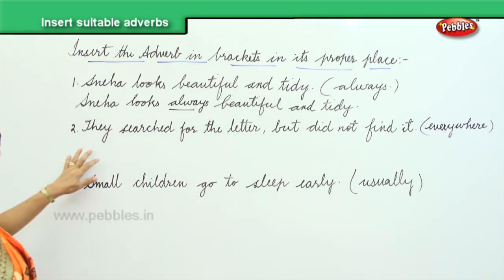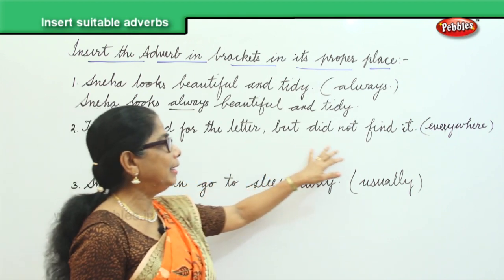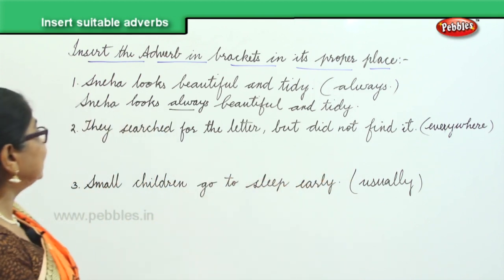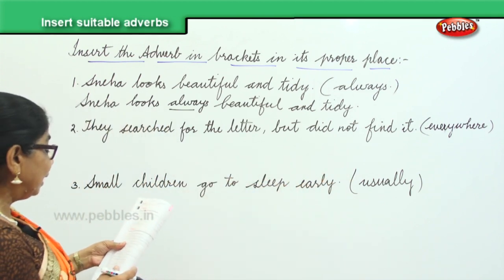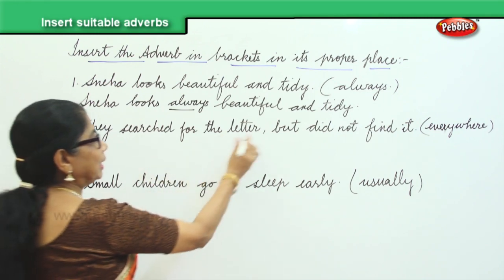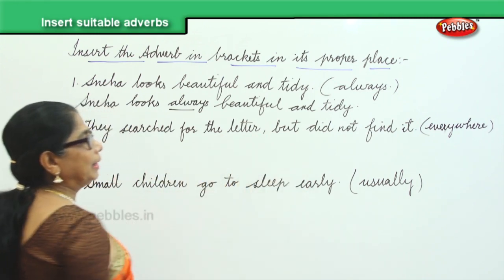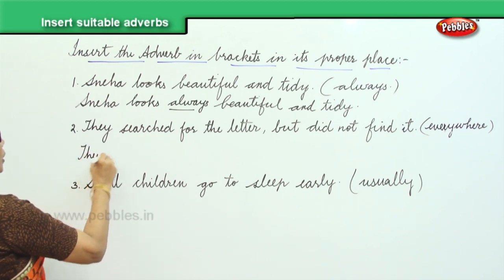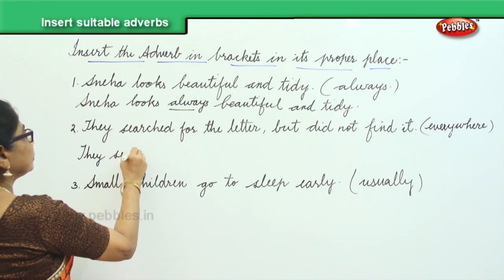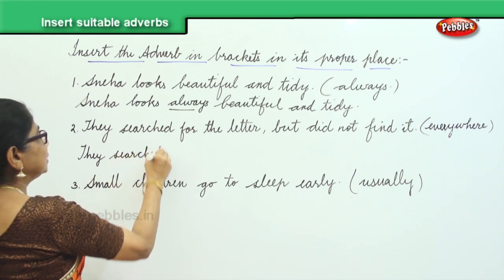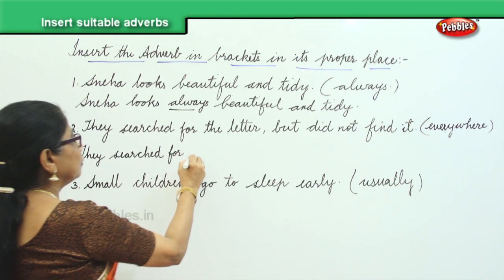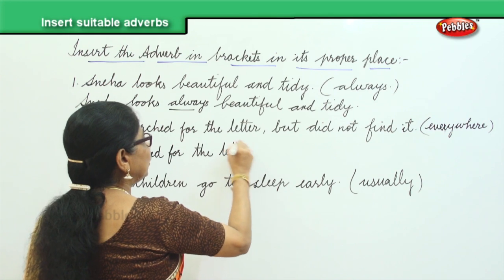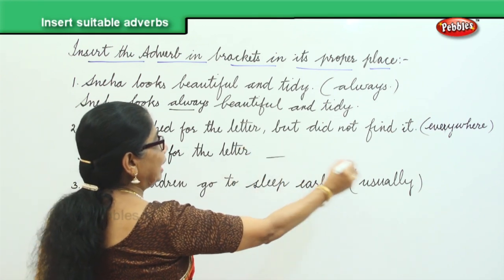The next sentence, they searched for the letter but did not find it. And the adverb given is everywhere. They searched for the letter everywhere but did not find it. So you will write they searched for the letter, now you insert the word everywhere.